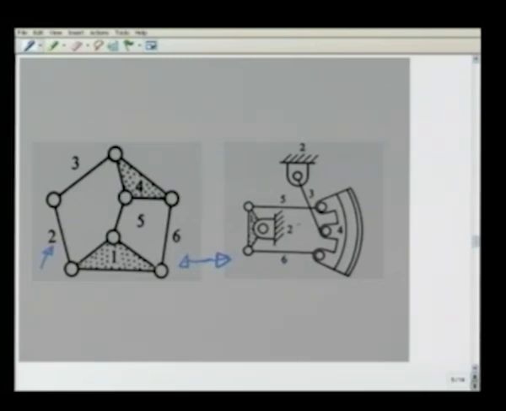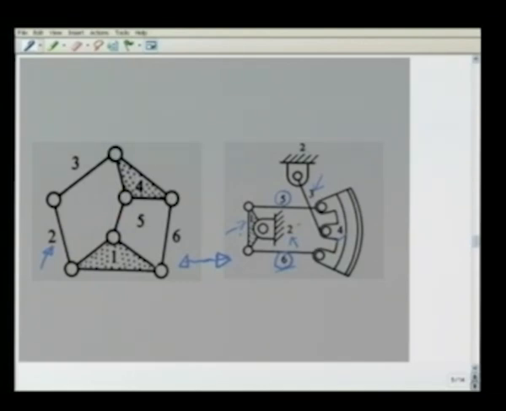As we see, link 2 is the fixed link, which is connected to a binary link 3 and to a ternary link 1. Link number 4 is the other ternary link, which is connected to link 3 here, link 6 here and link 5 here.